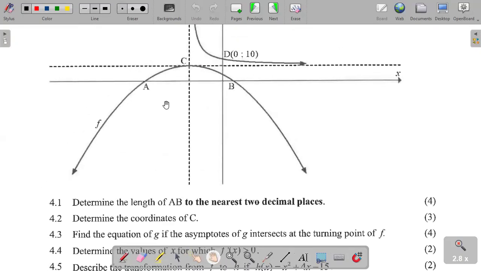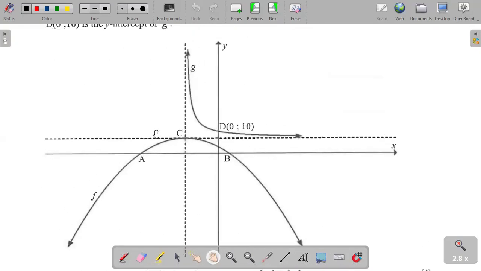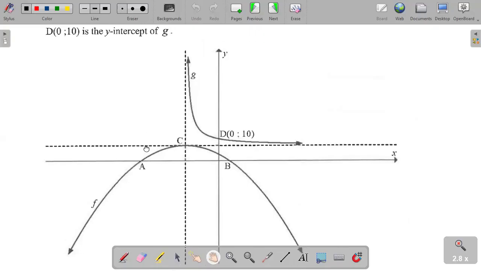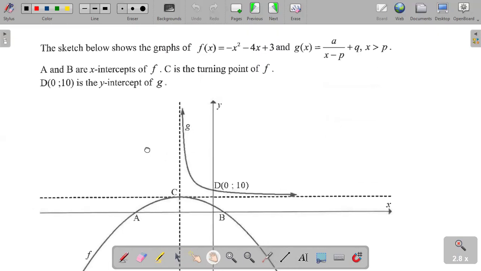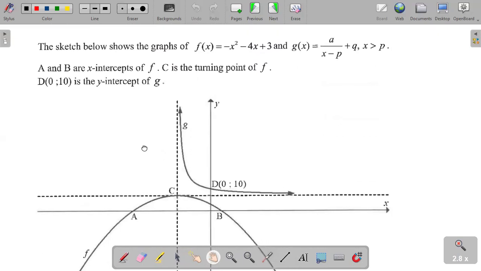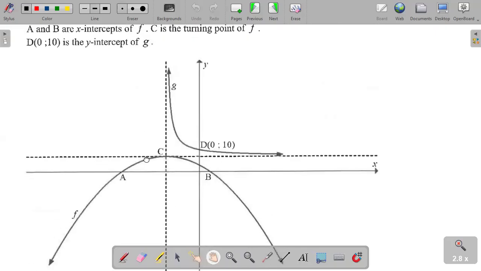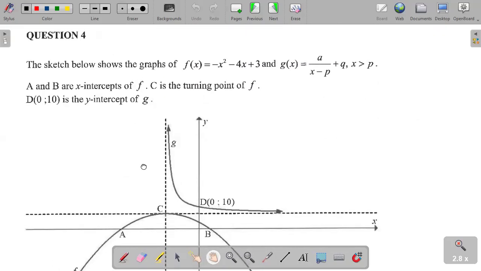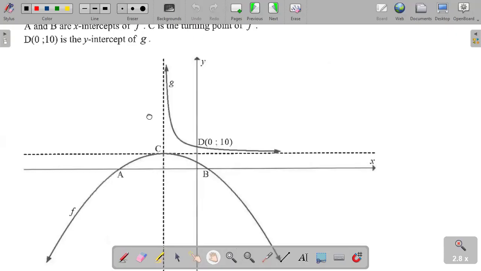So how can we find the length of AB? We have to find the intercepts. The intercepts of what? Of the graph of f.